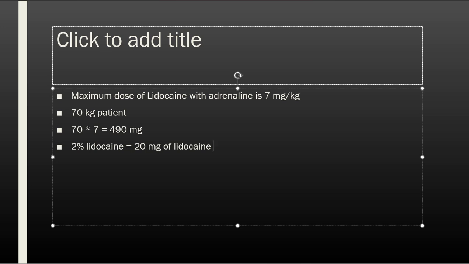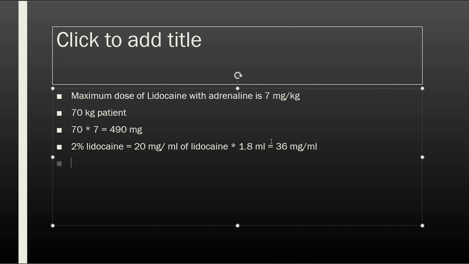Okay? Now, we multiply the 20 milligrams of lidocaine by the 1.8 milliliters. So here 20 milligrams per ml, which is the maximum amount in the carpule. This gives us 36 milligrams per carpule.